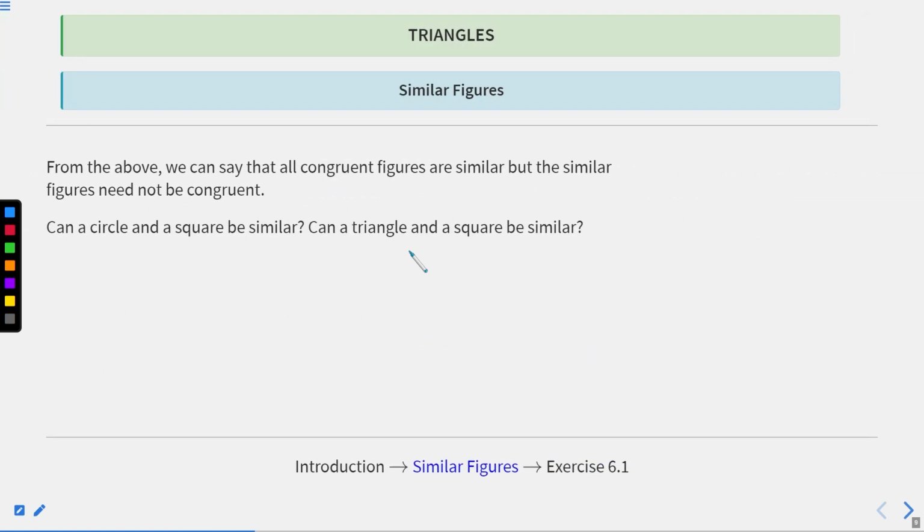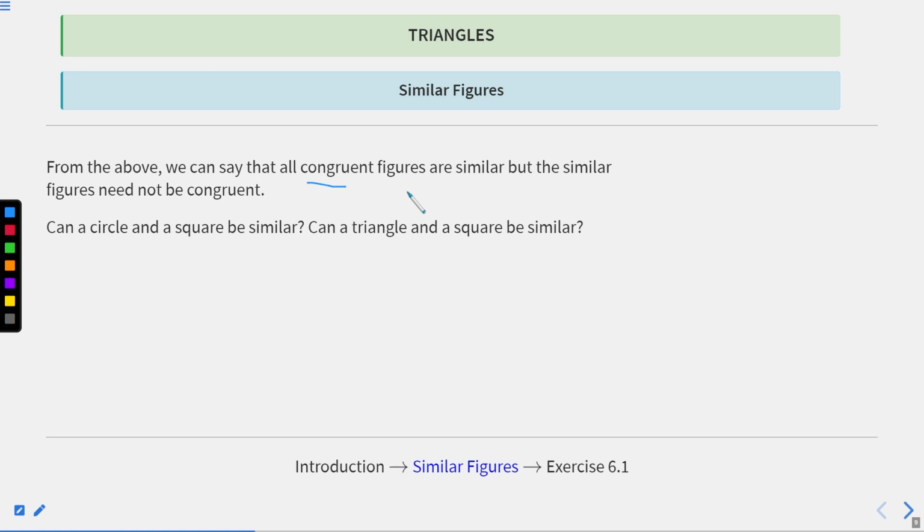Now, from the above, we can say that all congruent figures are similar, but similar figures need not be congruent. So congruent figures imply similar figures, but similar figures do not imply congruent figures. Two figures are congruent if they have the same shape and same size.